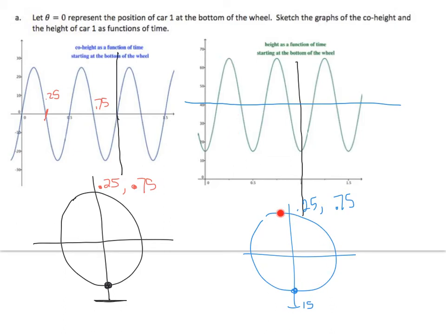And then at 0.75 minutes, we're at the top. Okay, we're back down to the bottom at half a minute, at 0 minutes, and then at 1 minute. Goodness, why did they have to do 1 minute? All right, so that makes sense. We have our graphs, and we're good.